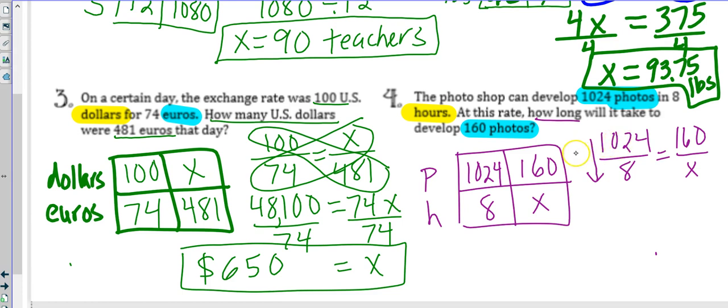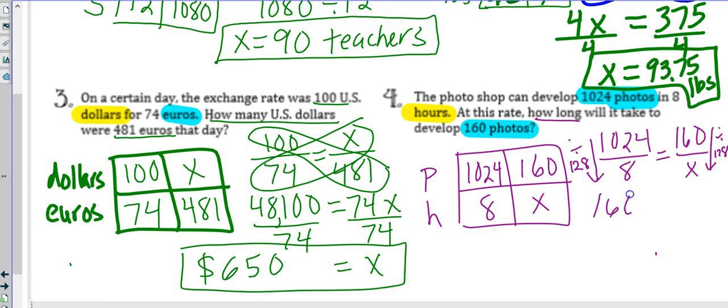So this is a division by 128. That's my relationship. 8 is 1/128 of 1,024. So I'm going to do the same thing over here. I'm going to divide this by 128. I'm going to do that on my calculator.